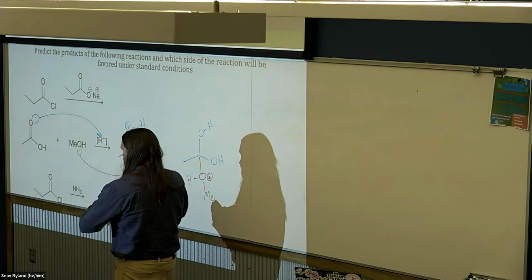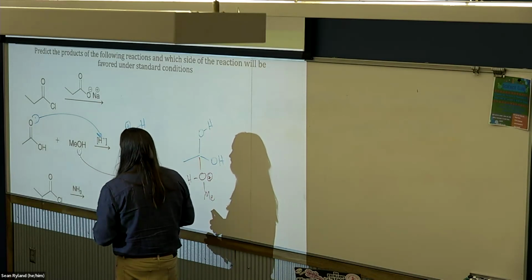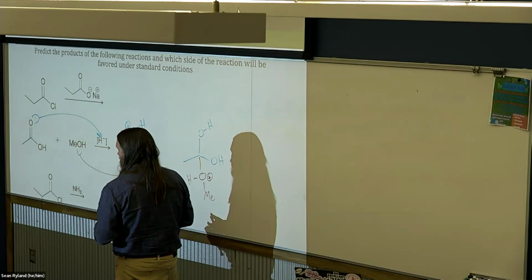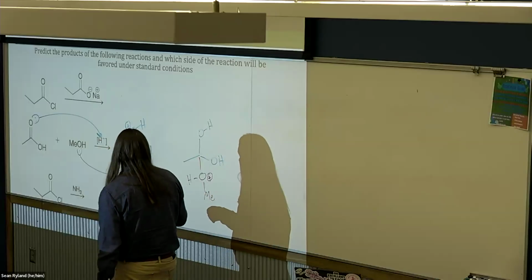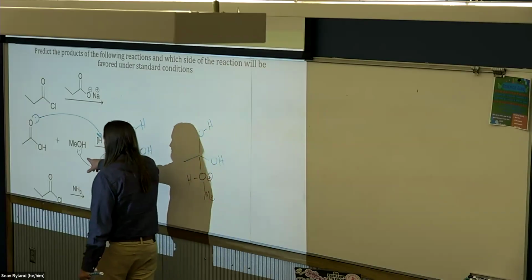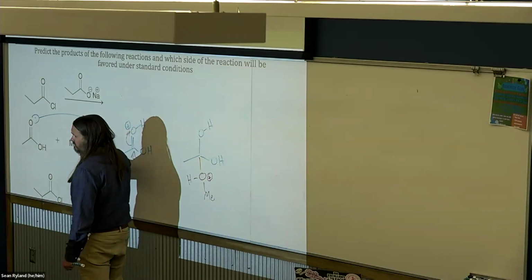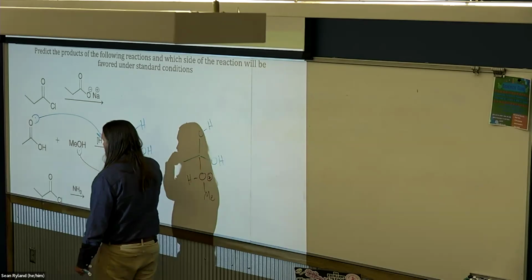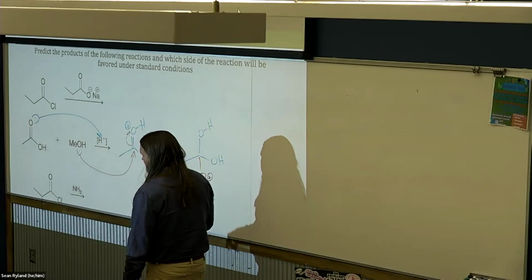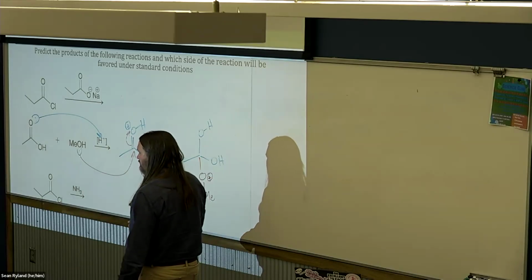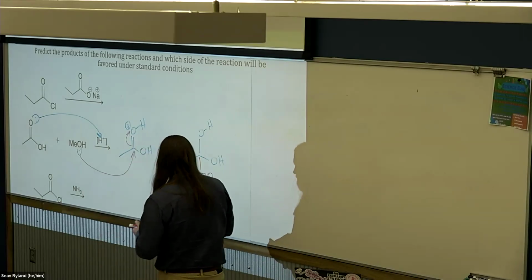How do you know it's the OH? What do you mean, like NaOH? Because this is methanol, right? I'm drawing it this way because the oxygen is what's actually attacking the carbonyl. Oh, okay, that makes sense.